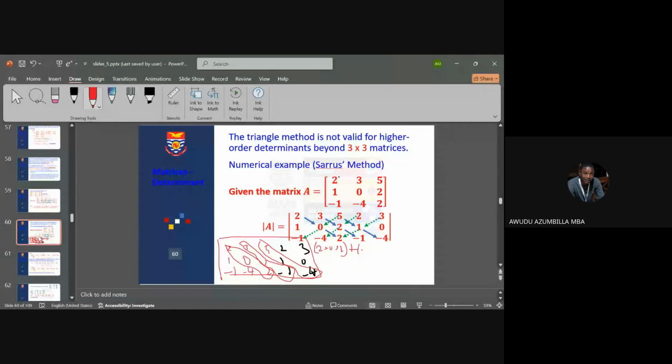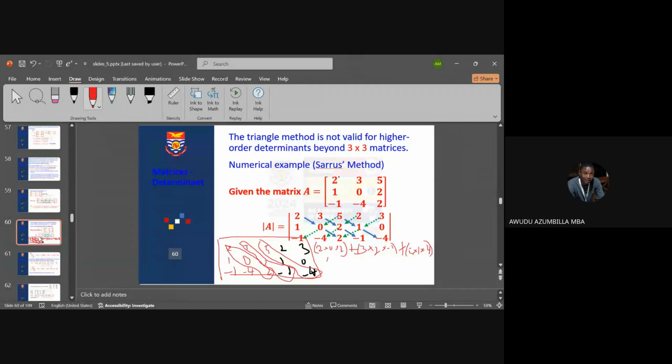So you get 3 multiplied by 2 multiplied by minus 1. Then you add it again. Then the last one, you multiply 5 by 1 by minus 4. And you add them together.